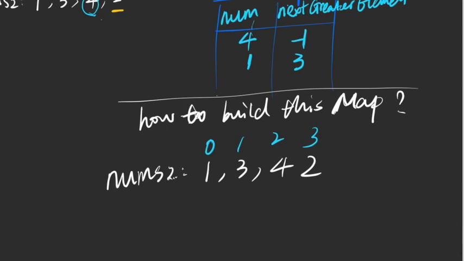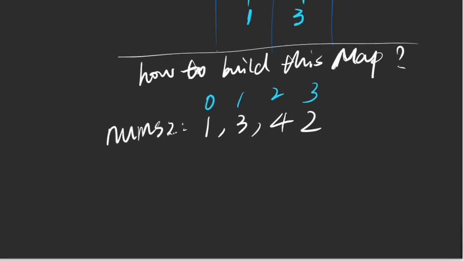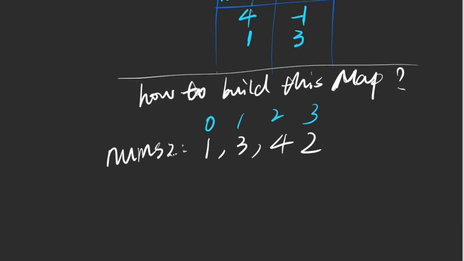We also have to go through this whole array. As a brute force, it's not hard to think about: we go through it and initialize another pointer to help us look for the next greater element, which is 3.